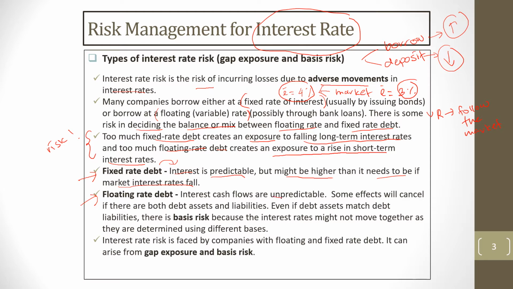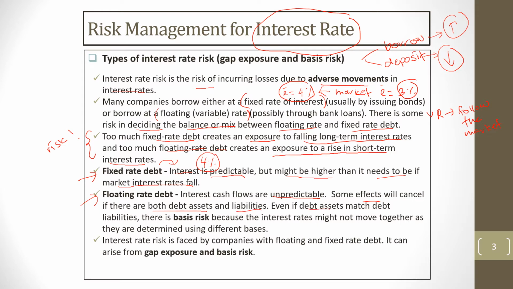Sama juga dengan floating rate. Floating rate is unpredictable. Memang sebab fixed rate kita dah tahu pada awal sampai habis 4% kan. So, it is predictable. Tapi kalau floating, dia ikut market. So, dia unpredictable. So, some effect will cancel if there are both debt asset and liabilities.